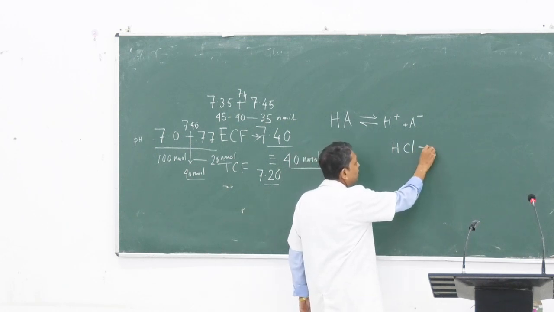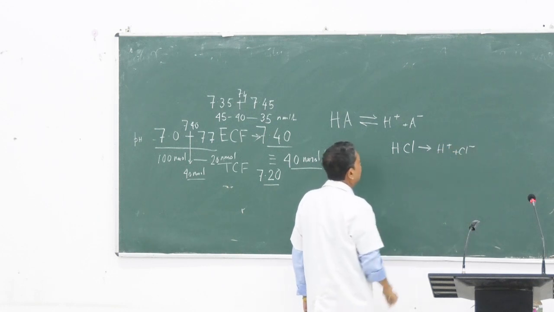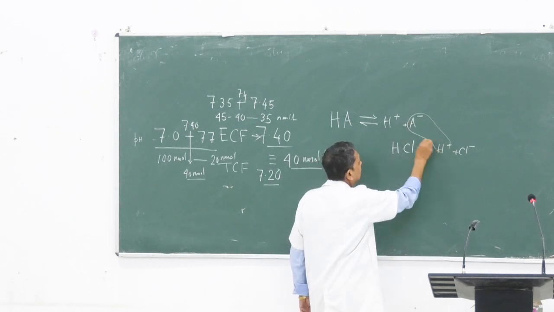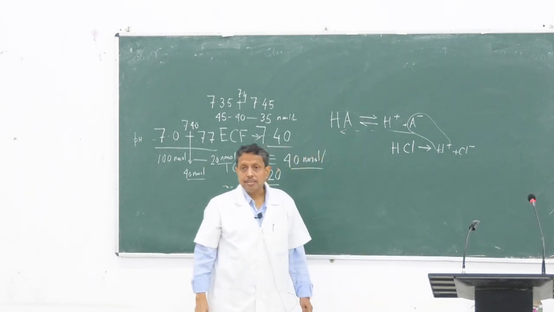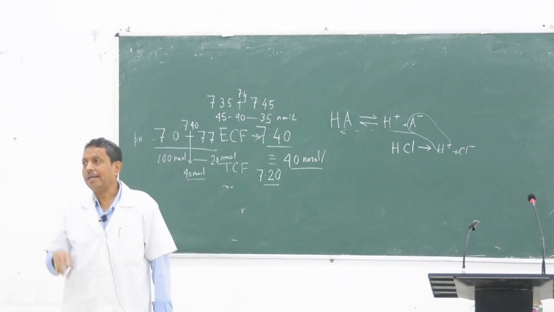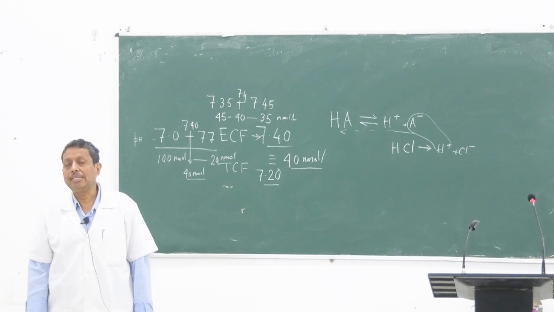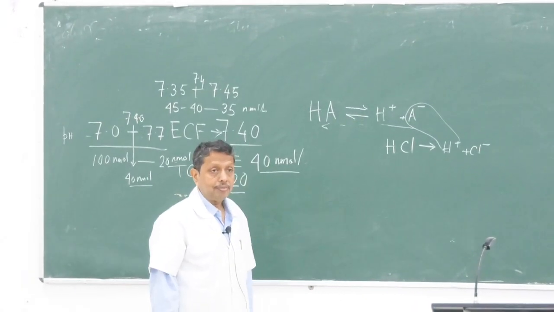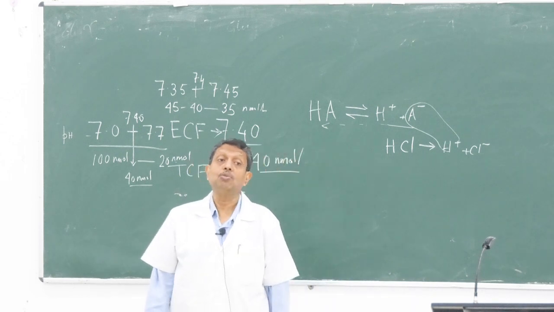It will split completely to H plus and Cl minus, and the H plus then binds with the anion, so the reaction will be to the left side. Instead of a strong acid, a weak acid is produced, and it will dissociate less. So the reaction is from right to left, and the hydrogen concentration does not increase as you would expect.